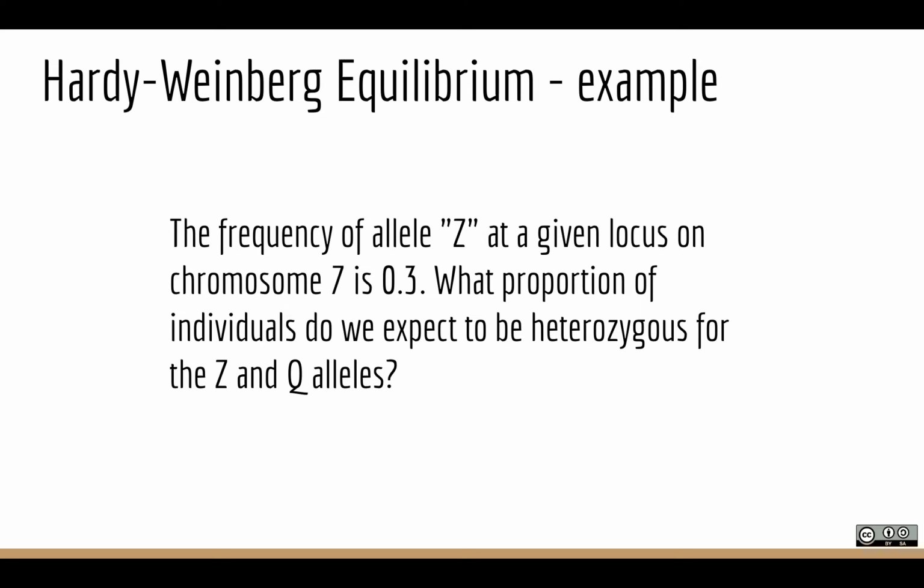Let's call the Z allele P. What's the frequency of P? 0.3. So what's the frequency of Q? 0.7. So you can do the math. We get 0.3 times 0.7 times 2. What is it? 0.42, right? I think what's quite nice about this is that it's very simple math to just plug in.